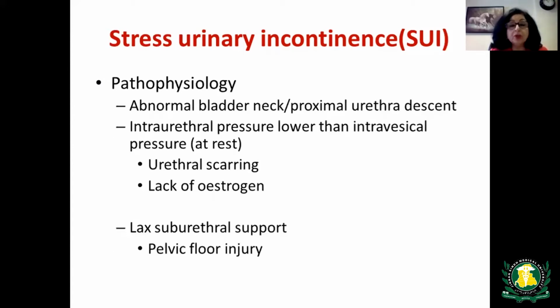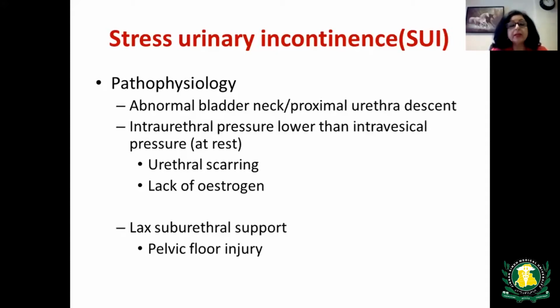They are a combination of pressures within the abdomen, within the bladder, within the urethra, supported by all the pelvic floor muscles. So when there is any anatomical disruption, it would lead to a change in the pressure gradients, and as a result, the normal continent function would be disrupted, resulting in leakage.